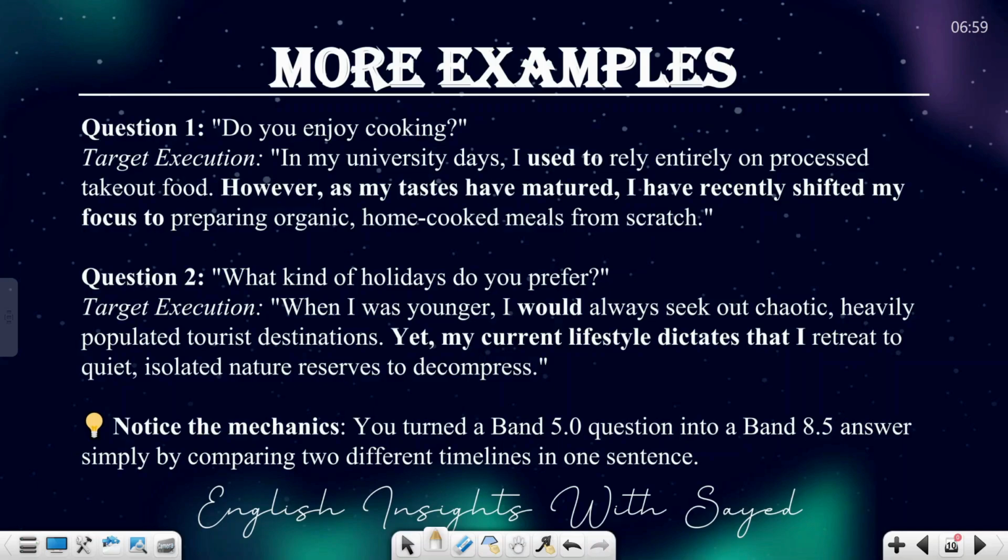You could say, when I was younger, I would always seek out chaotic, heavily populated tourist destinations. Yet, my current lifestyle dictates that I retreat to quiet, isolated nature reserves to decompress. So notice the mechanics. You turn a band 5 question into a band 8.5 or 9 or 8 plus simply by comparing two different timelines in one sentence.